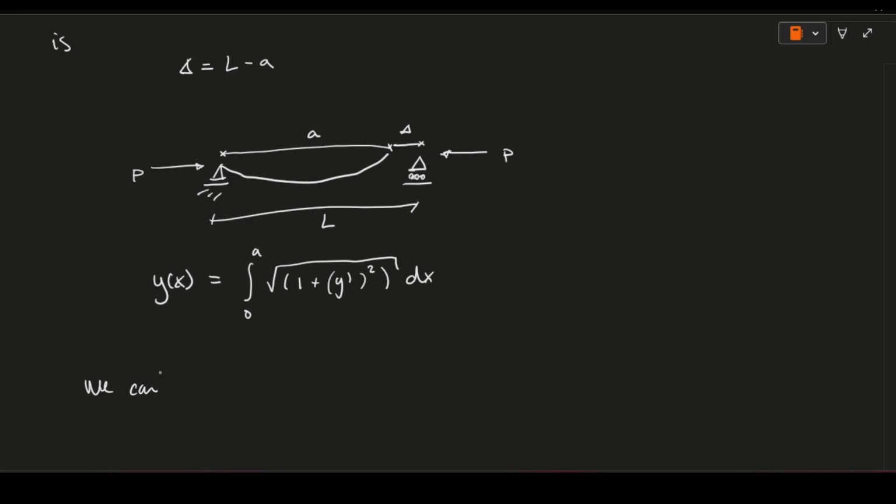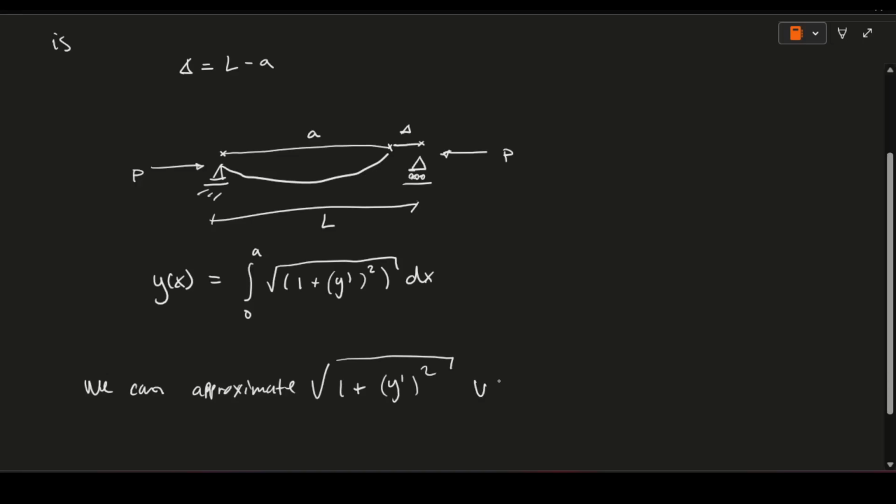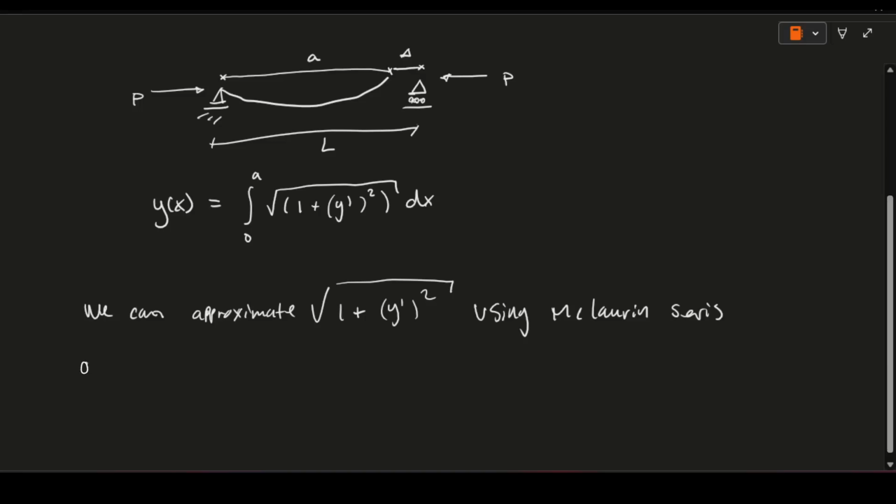So we can approximate this quantity, the curve length, the square root of 1 plus the derivative of y squared. We can approximate this using the Maclaurin series, or the binomial approximation.